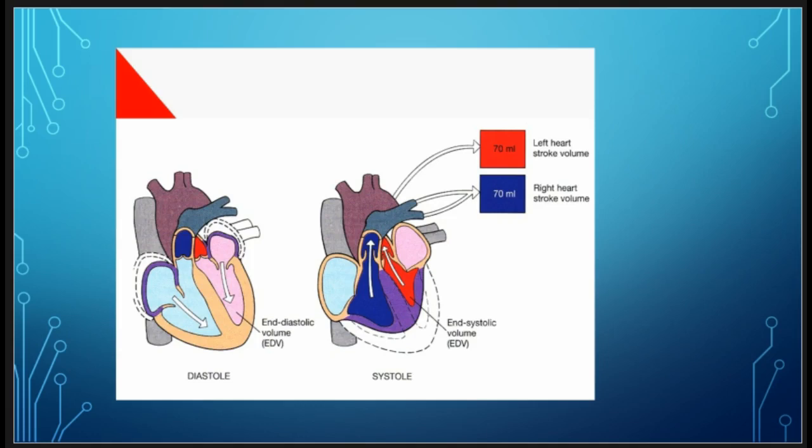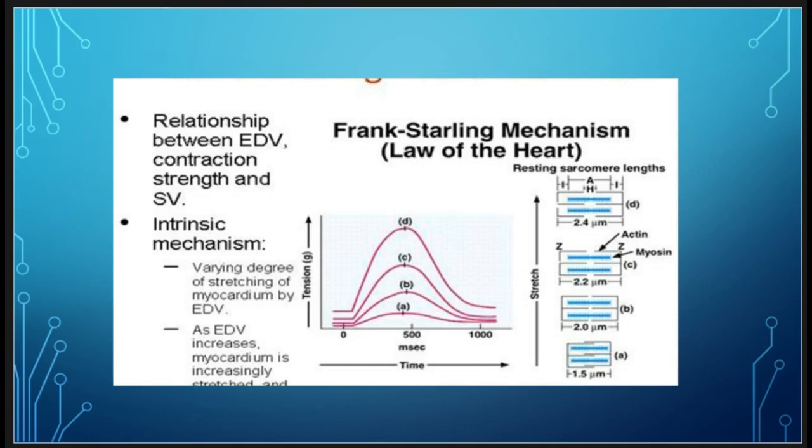So in the most basic sense, let's look a little bit more in detail at the Frank-Starling Law of the heart. Again, what we've been covering is that the end diastolic volume should be the same as the stroke volume. And just like skeletal muscles, cardiac muscles do vary in length, and this is due to the degree of diastolic filling.